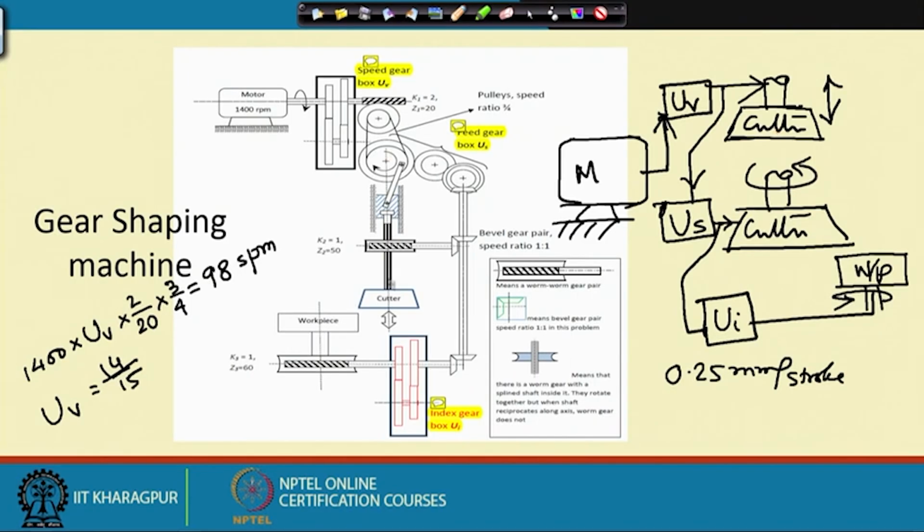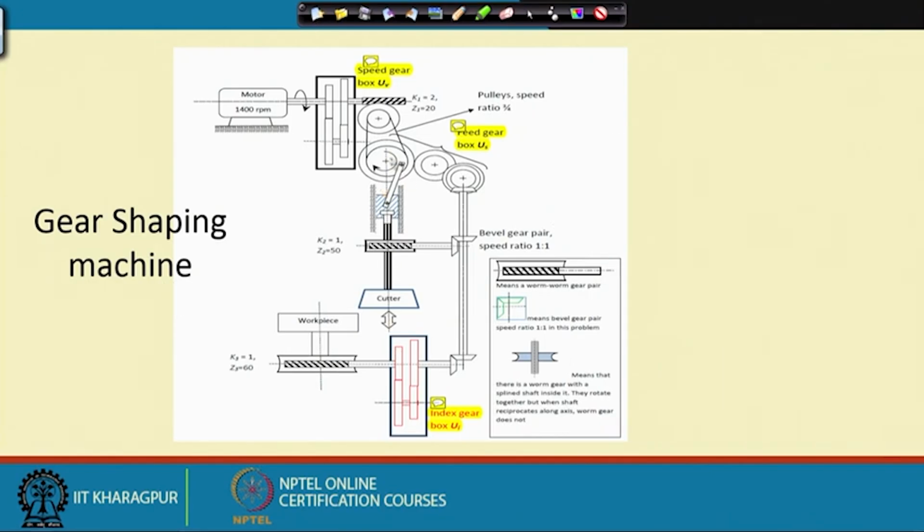So, when it executes one stroke, then basically this rotates once. So, we start from here, big pulley rotates once. So, feed gearbox is getting an input of 1, I mean rotation of 1, not RPM. So, US 1:1, then it enters K by Z equal to 1 by 50. This one is the number of rotations of the cutter.